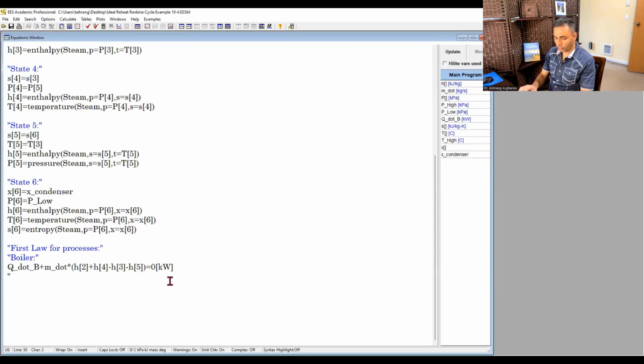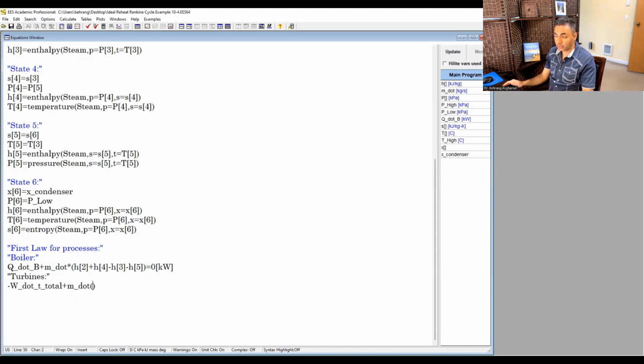We do this for the turbines also. For turbines, there is no Q dot of turbine because the turbines are isentropic. Negative W dot of turbine total, like this, both of them, that's what I mean, plus M dot times first the streams that go into our system, the way that I picked the system. You remember how I picked the system? I drew a system around both turbines, and I looked at the streams that are crossing the boundaries.